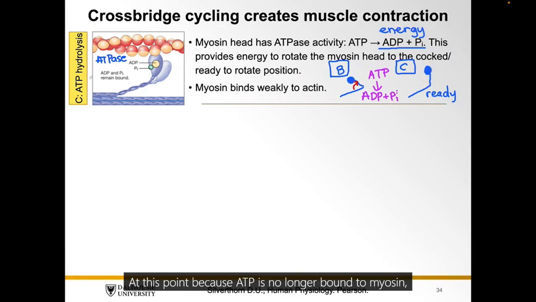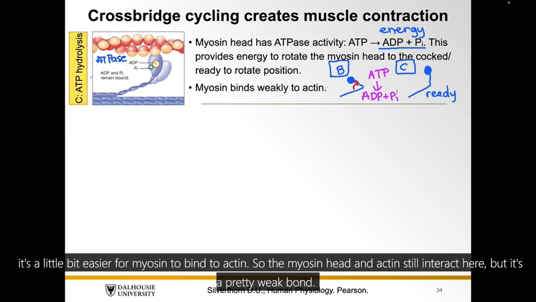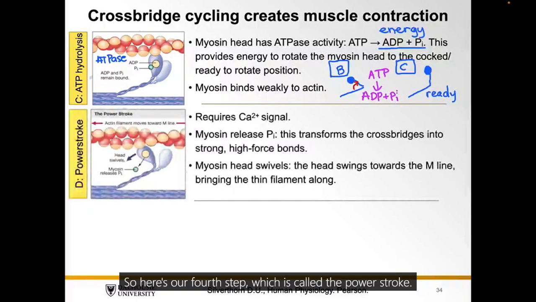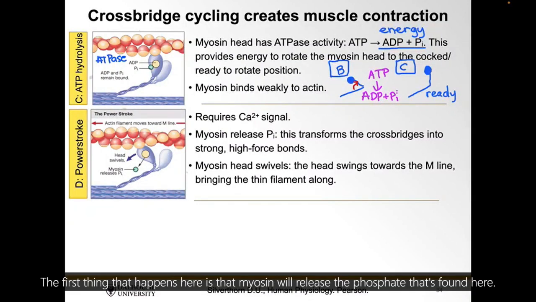At this point, because ATP is no longer bound to myosin, it's a little bit easier for myosin to bind to actin. So the myosin head and actin still interact here, but it's a pretty weak bond. So here's our fourth step, which is called the power stroke. The first thing that happens here is that myosin will release the phosphate that's bound here.